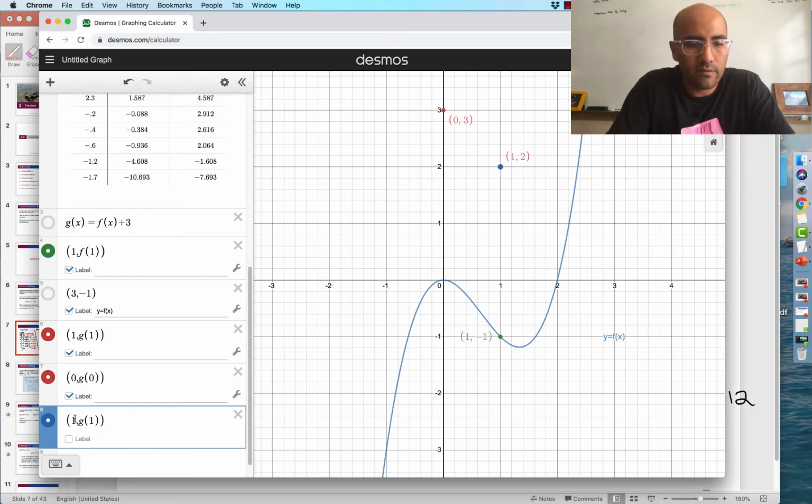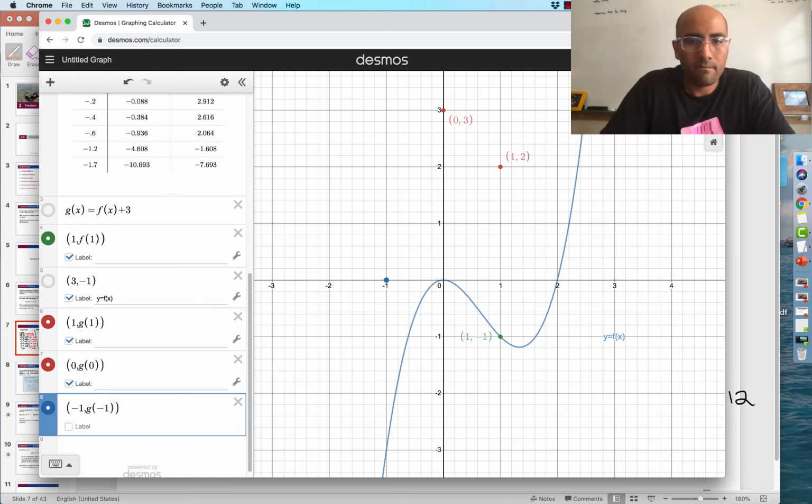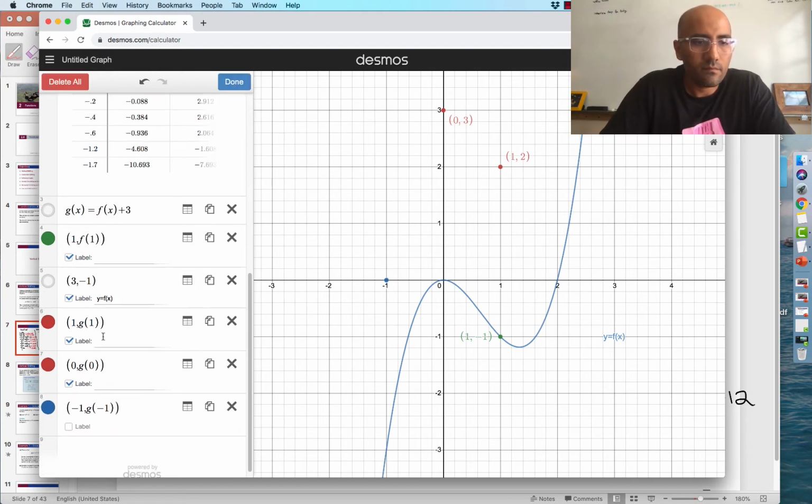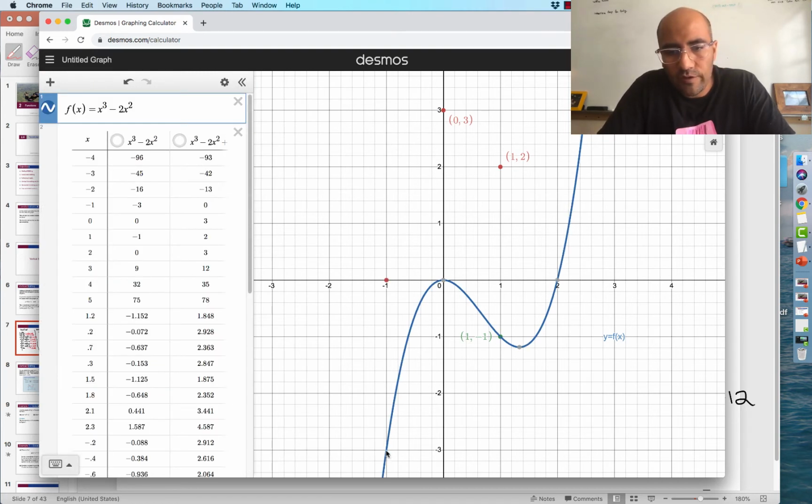At negative 1, the original function maps to negative 3. Sorry, I had to catch it there. Negative 1 maps to negative 3, but now the new function is going to map it to 0, right? So at every point, on a point-by-point basis, this little gap here is a distance of 3 units up.